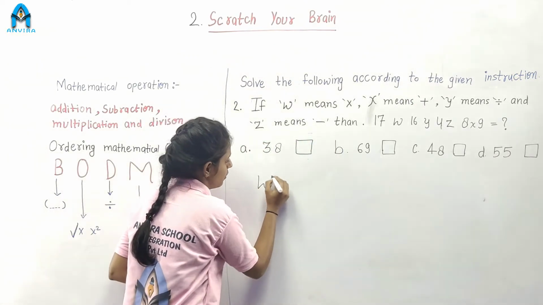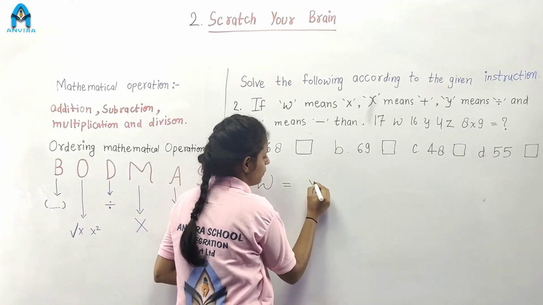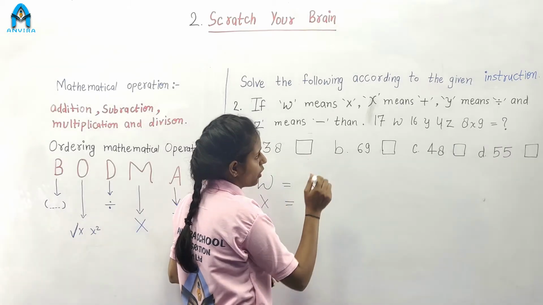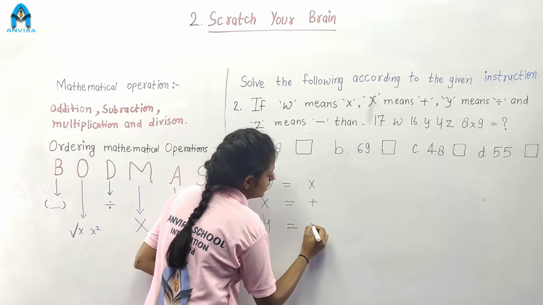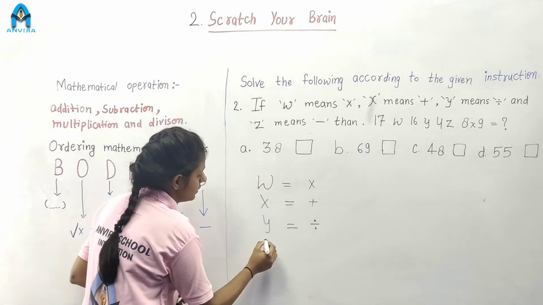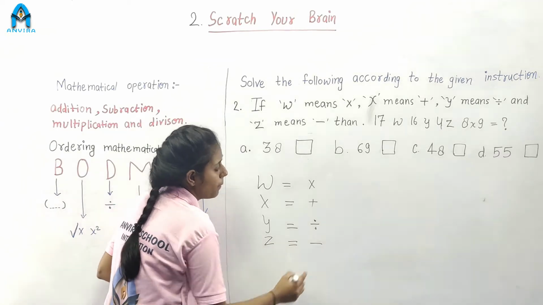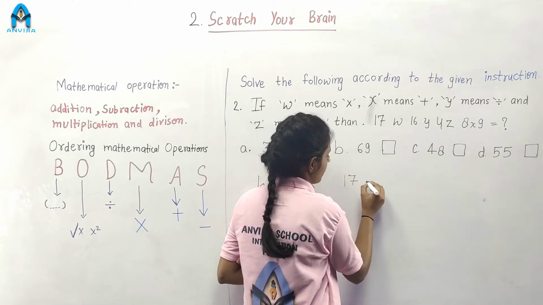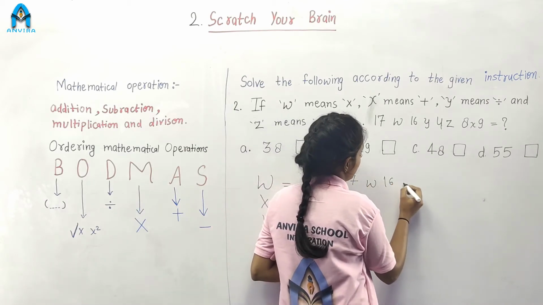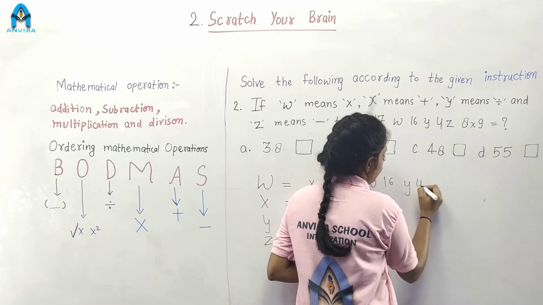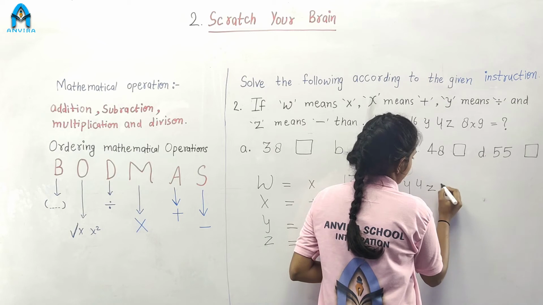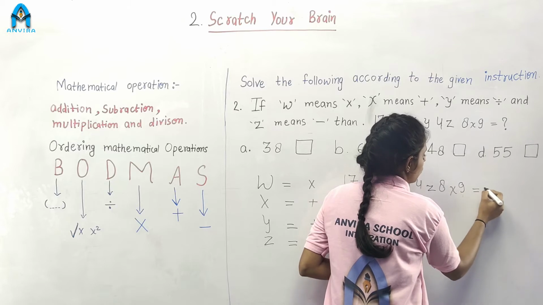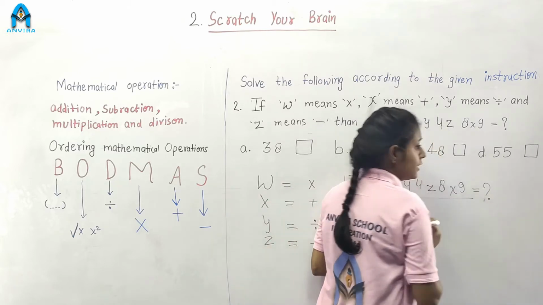First, W means multiplication, X means addition, Y means divide, and Z means minus. So what do we have to find out? 17 W 16 Y 4 Z 8 X 9. So we have to solve this.